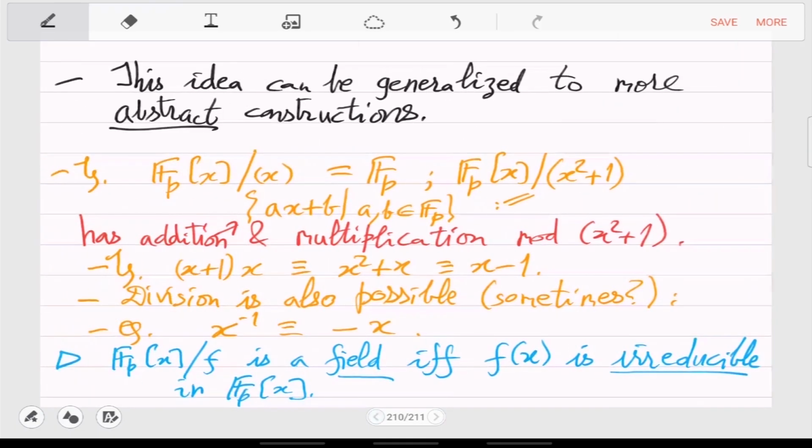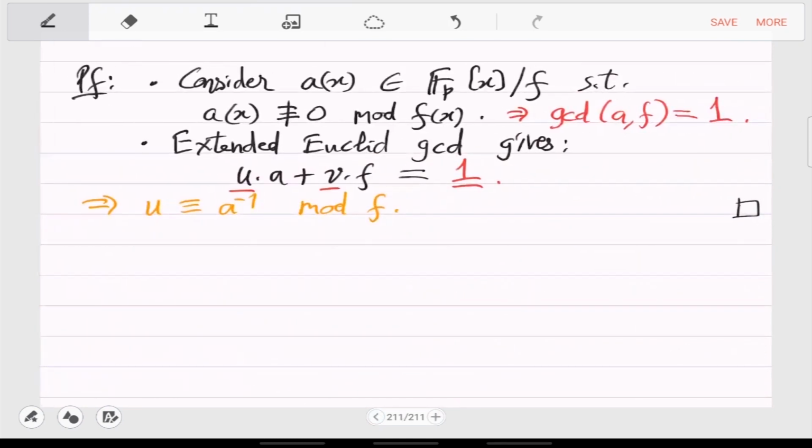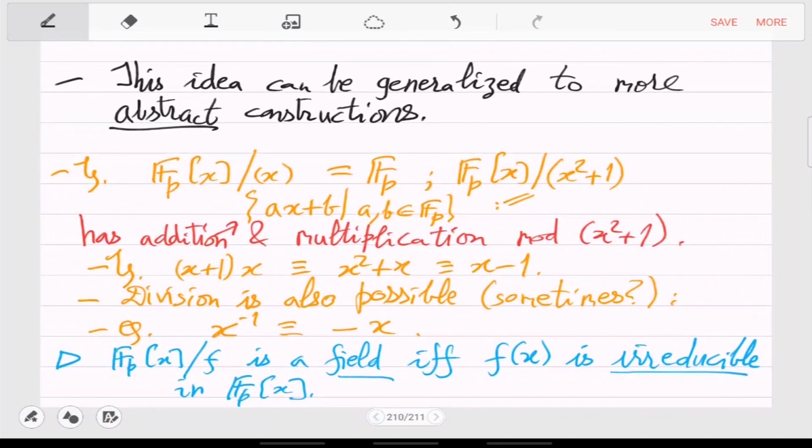So this makes a field, you get now more complicated fields. Yeah, but any questions here in the proof, in the statement that I have written?